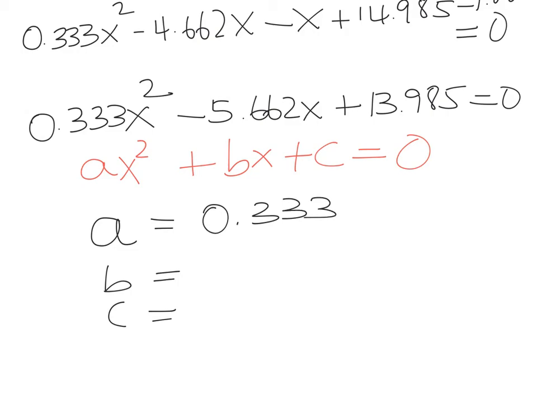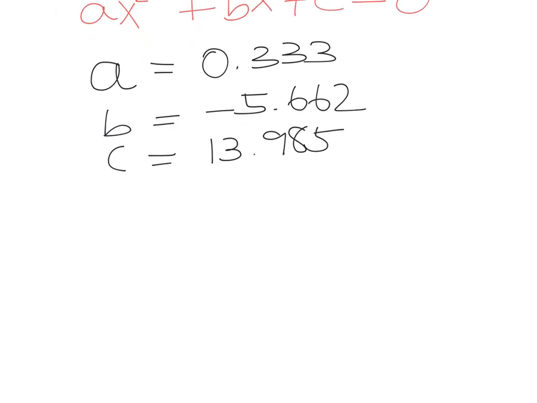The b value is minus 5.662. So you will enter minus 5.662. And the c value is positive 13.985. So you will simply enter 13.985.